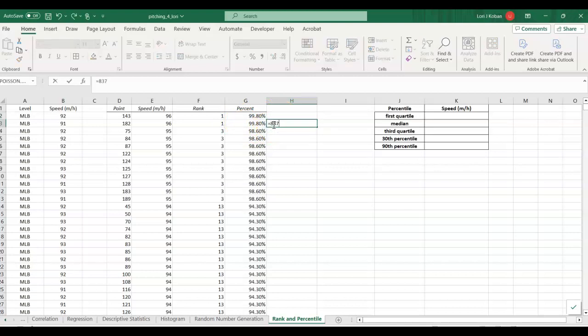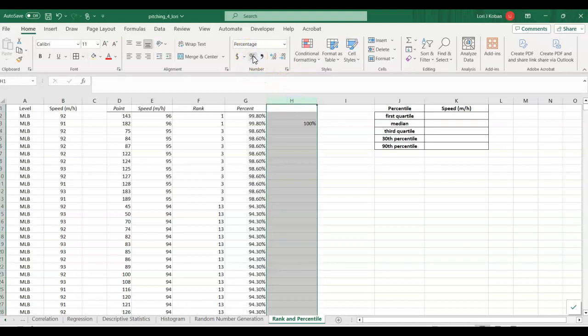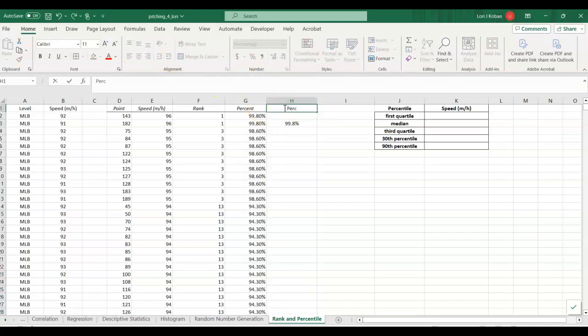So 837 divided by 839. And let's turn this column into percents, and we will give ourselves a decimal point. And so that's where the 99.8 came from.